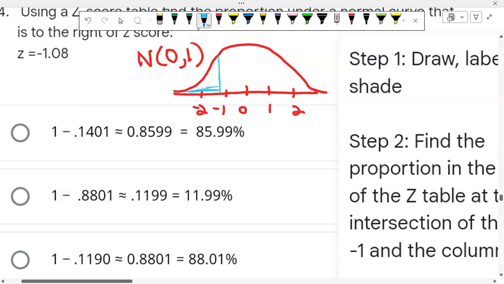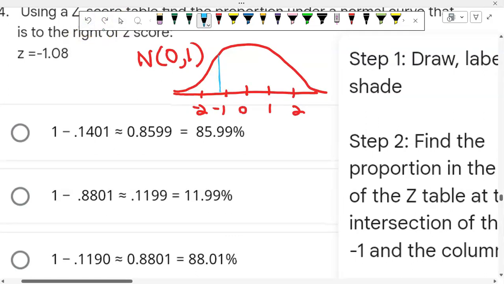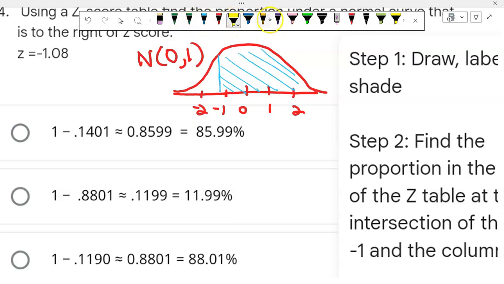I'm going to shade that in. But I don't want that area. I actually want the area that is to the right of that. Okay, so the area that I'm going to get is this area. So to do that, I go to my table, and the table is going to tell me this area right here.